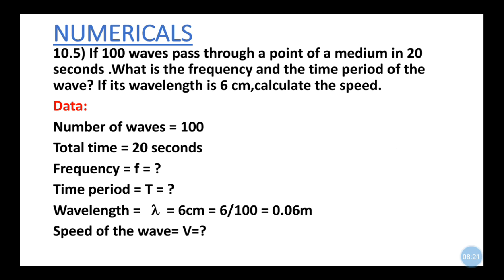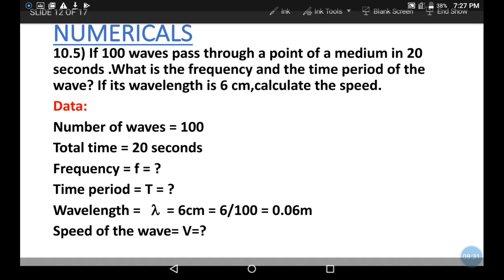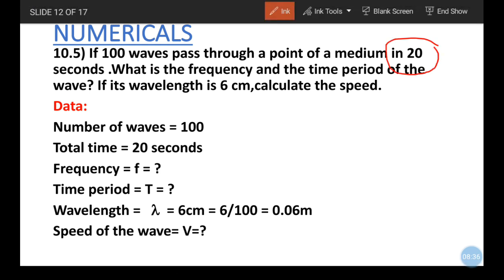Let's see numerical 10.5. If 100 waves pass through a point in a medium in 20 seconds, this is the total time. It is not the time period because the number of waves is 100, not 1.